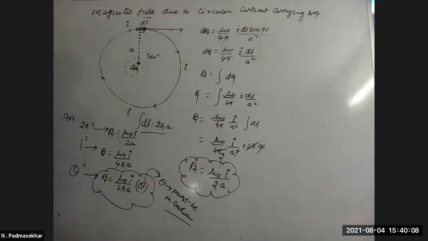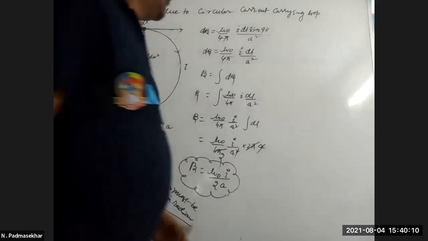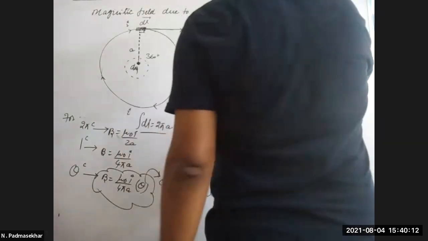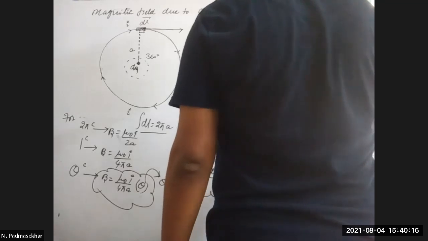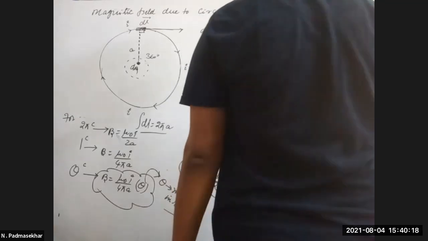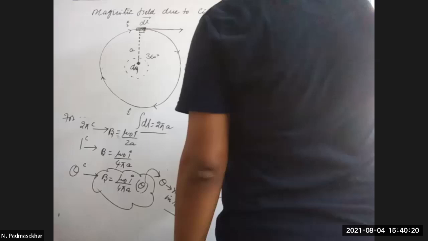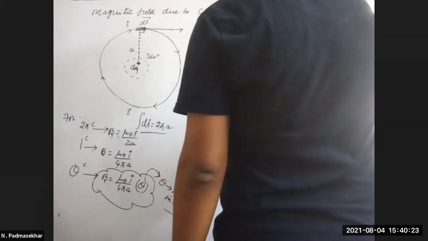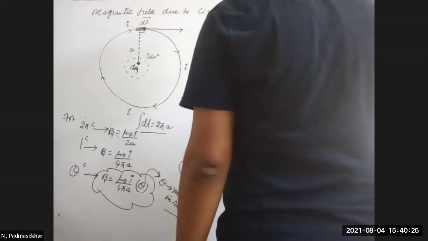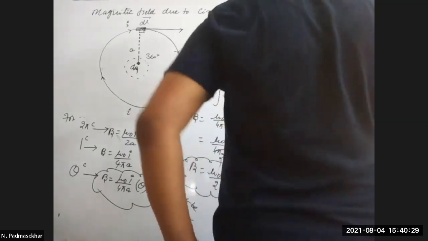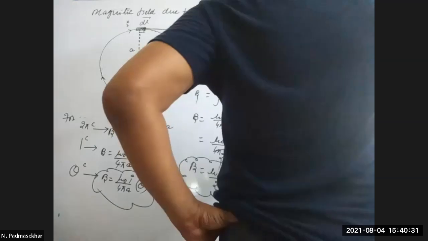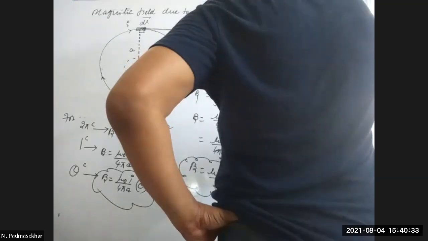Suppose the circle is there like this, and the current is coming like this. This angle is theta. What is the magnetic field due to this part?